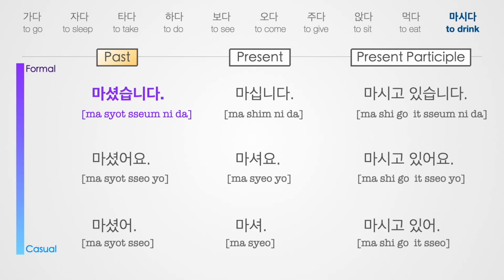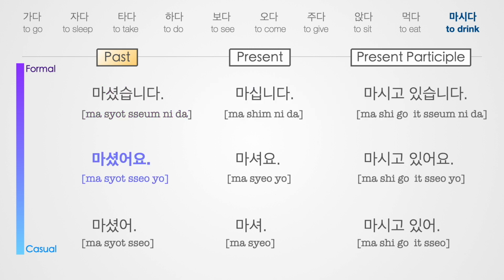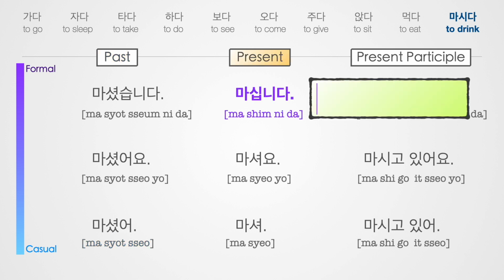Our last verb is 마시다. The formal past verb ending 었습니다 is added to the stem 마시. 마셨습니다. 마셨어요. 마셨어. The formal present verb ending ㅂ니다 is added to the stem and it forms 마십니다.